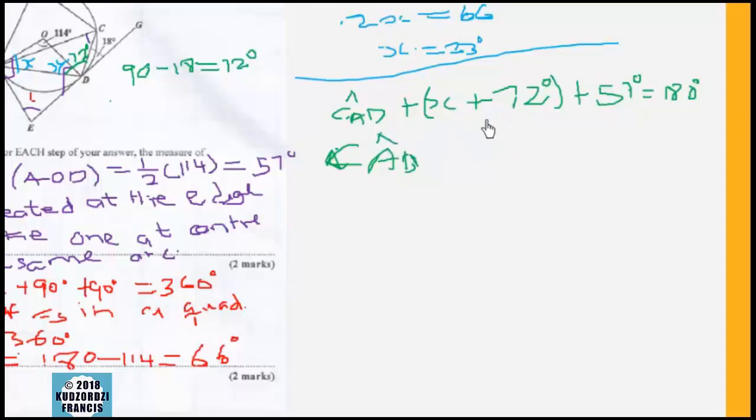X is 33, so 33 plus 72 will give us 105. So angle CAD plus 105 degrees plus 57 is equal to 180.